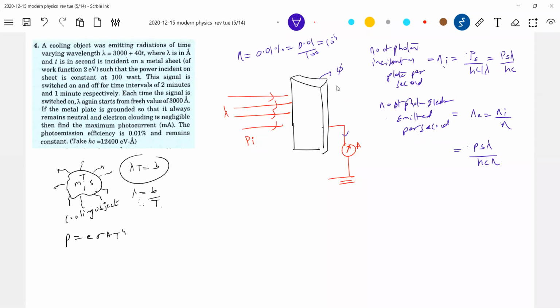Ni by 10 to the power of 4. Ni into eta is the number of electrons emitted, no? Okay, this will come here.